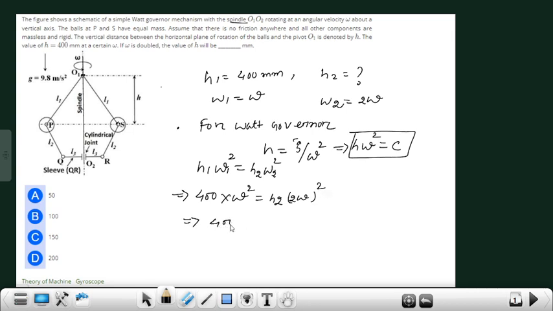So 400 into omega square is equal to H2 into 4 omega square, omega square cancels, and H2 is equal to 400 divided by 4, which is equal to 100 mm. So the right answer will be 100 mm, the height after omega is doubled.